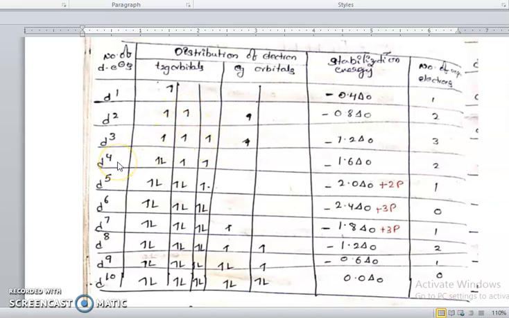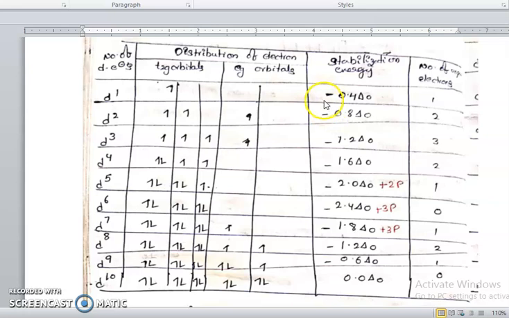For d4, in the table I represented for a strong field ligand, the 4th electron pairs up in the T2g orbitals. In the same way, after the 6 electrons are paired up, the 7th electron enters the Eg orbitals, then the 8th electron enters another Eg, and then pairing will start.